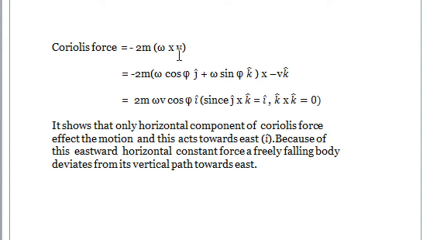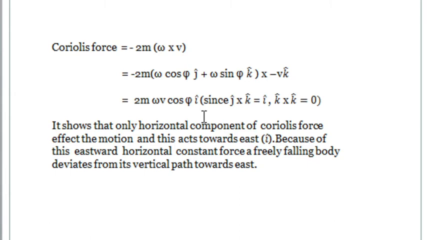So, we have this first term only. The second term vanishes because k cap cross k cap is 0. Here we have a minus sign and at this portion we also have another minus sign, so these two minus signs become positive. Our final expression becomes 2m omega v cos phi I cap.